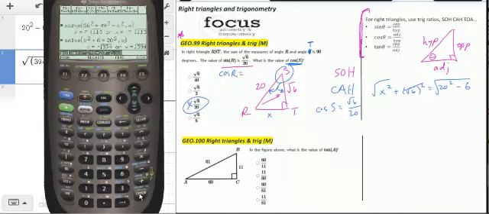It doesn't reduce at all, so root 394. And so if we were finding the cosine of R, it would be adjacent, root 394, over hypotenuse, which is 20. So that would be our answer depending on what question they're asking. But normally it will likely be integer values, easy values to work with. So it would make sense here that they would ask for the cosine of S, where you're dealing with just the values already given.